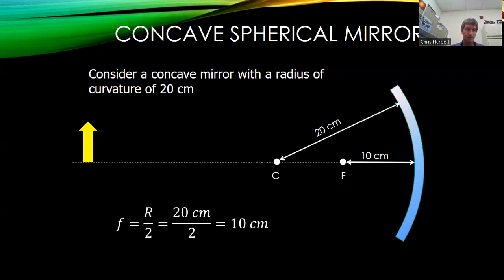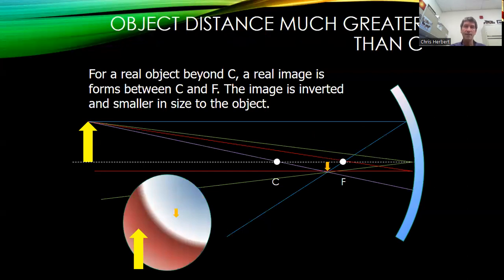So let's take the case where our object distance is far beyond the radius of curvature and far beyond the focal point. Just to explain what this image is, we have my attempt to draw a mirror that's supposed to be a reflective mirror.